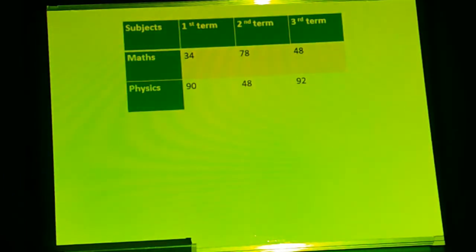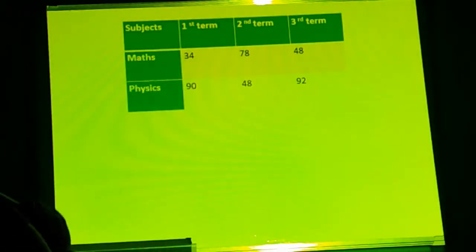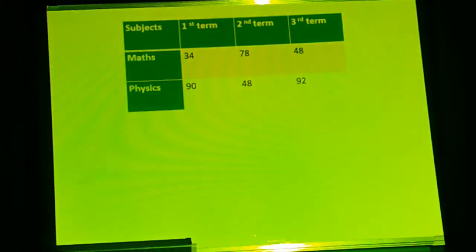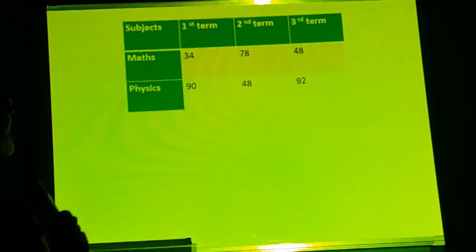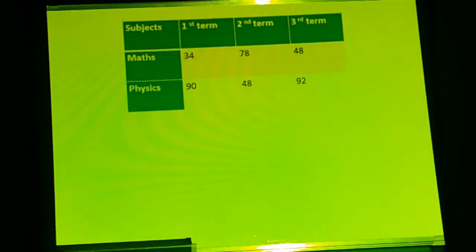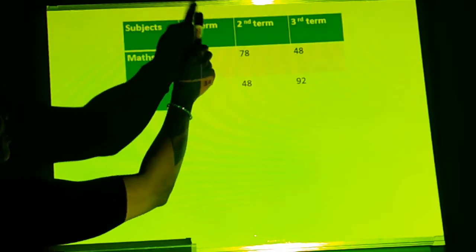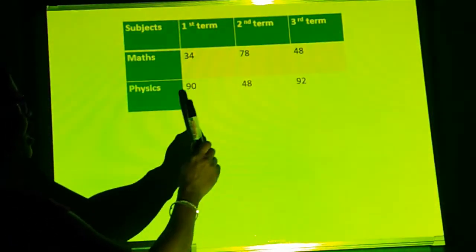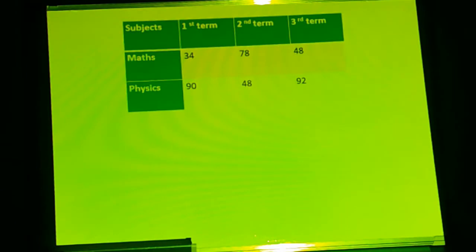Poor Daniel. In the second term, she did fairly well, 78, 2 less than an A, if you call 80 an A, and 48 she failed in the third term. Now let's look at her physics grades. She got 90 in the first term, 48 in the second term, and 92, whoops, a whopping 2 A's in 2 terms.